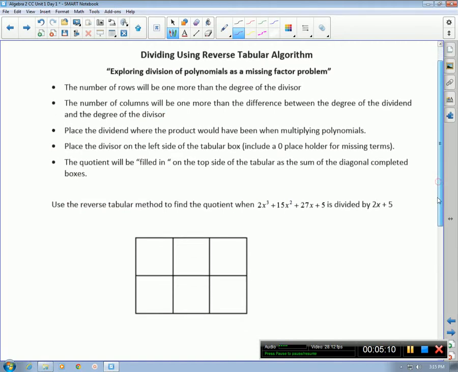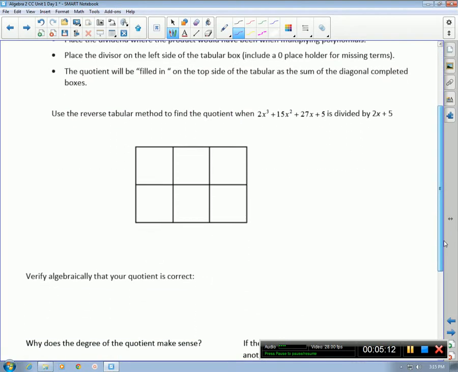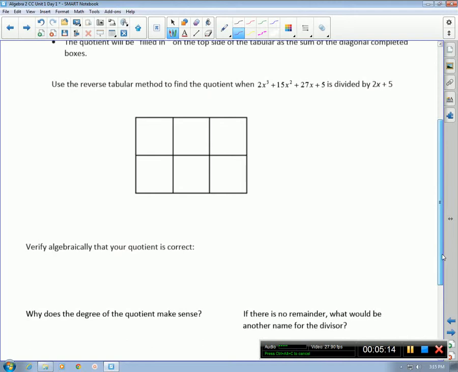Okay, so let's take a look at what we're going to call reverse tabular division. And it's using the table just like we did in multiplication. So we are going to use it to find 2x cubed plus 15x squared plus 27x plus 5, this, divided by 2x plus 5.